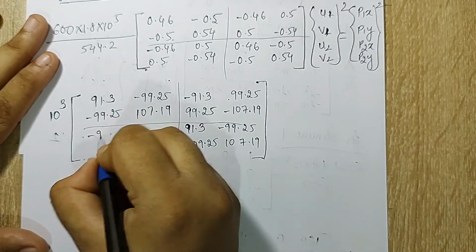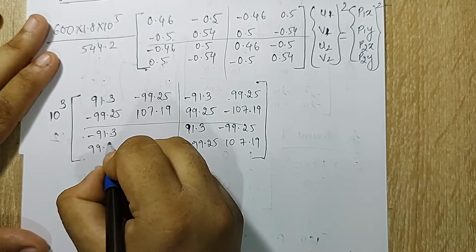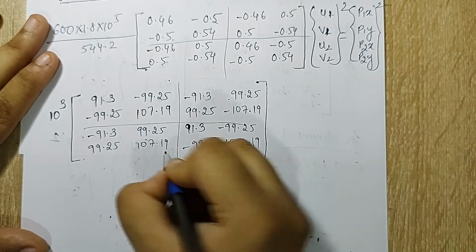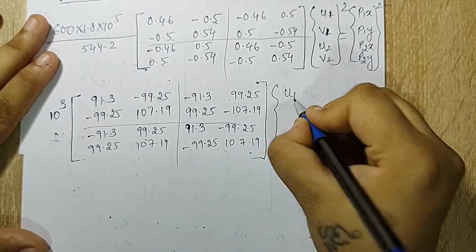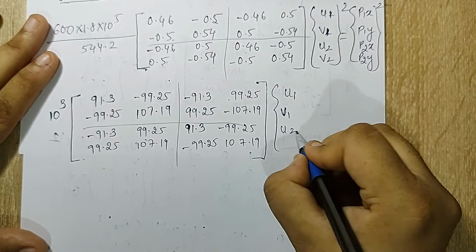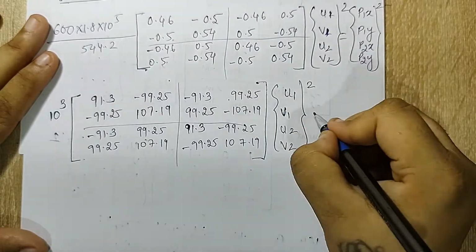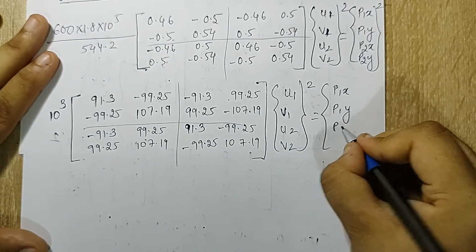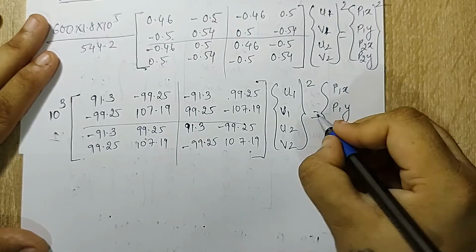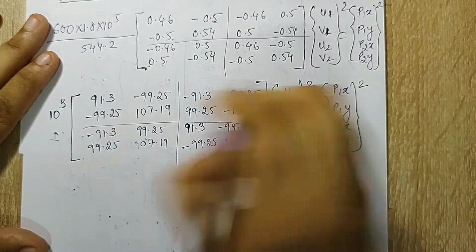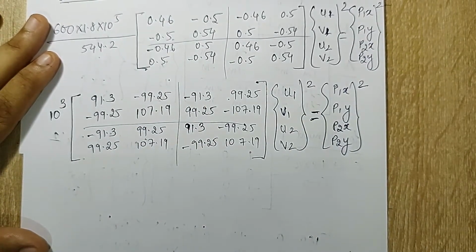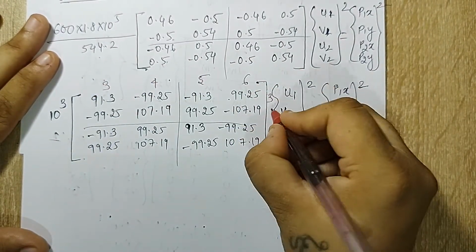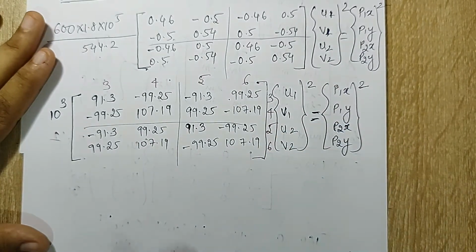Copy the same thing here. Here I have u1, v1, u2, v2 raised to 2 is equal to p1x, p1y, p2x, p2y raised to 2. Element 2 has degree of freedom 3, 4, 5, 6, 3, 4, 5, 6.